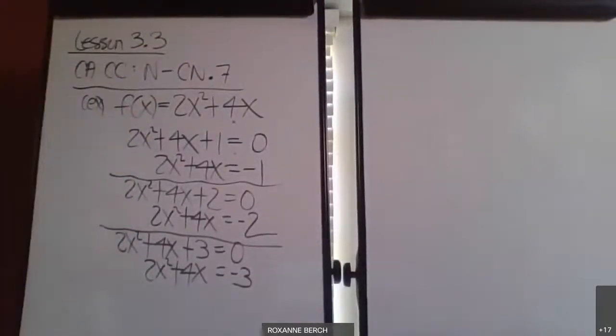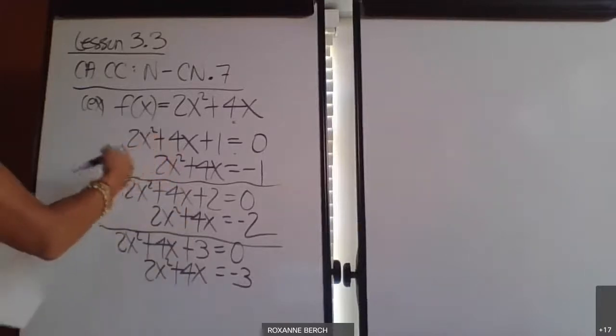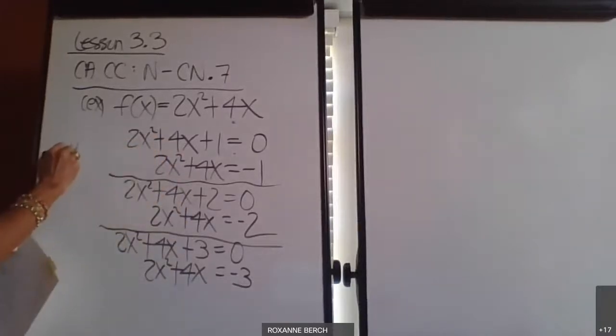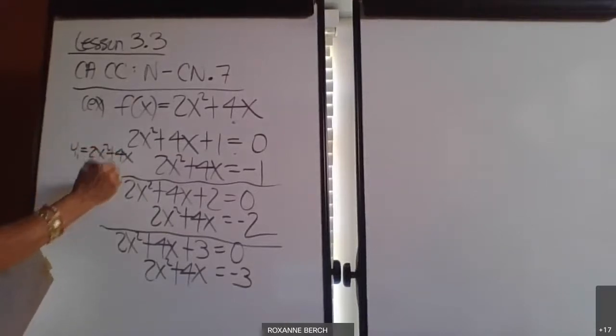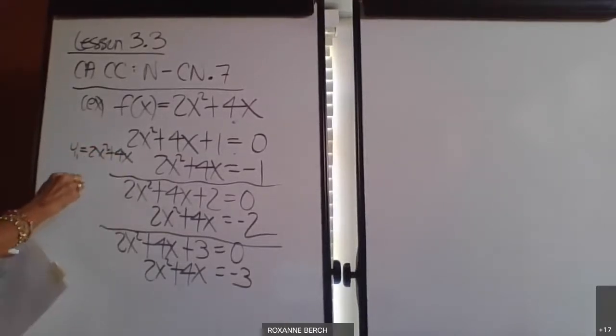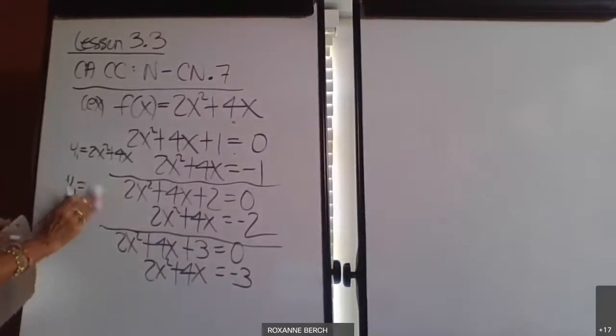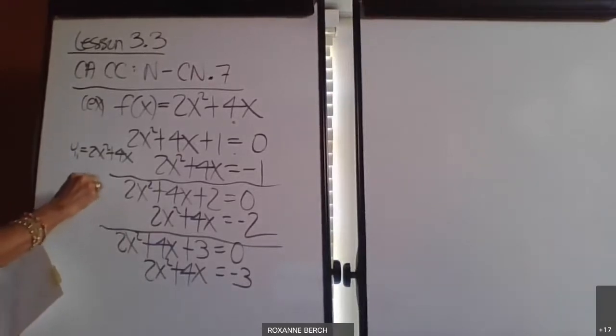All right, so basically what they're doing is we're going to use a graphical approach to talk about the solutions. So under y sub 1 in the calculator, you're going to put 2x squared plus 4x, and that's going to be your y sub 1 all the way down. So your y sub 1 is going to stay the same.